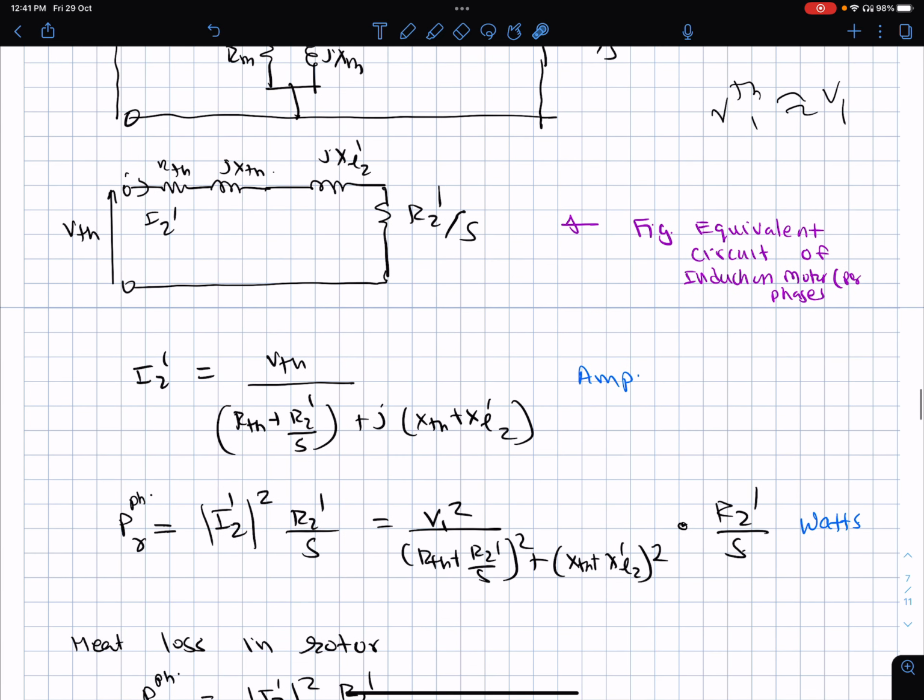Then for the power, the inductances don't dissipate any power. This equivalent resistance R2 dash by S is the one which can dissipate power. Though it appears to be heat here, it is not exactly heat, because it is R2 dash by S and not just R2 dash.